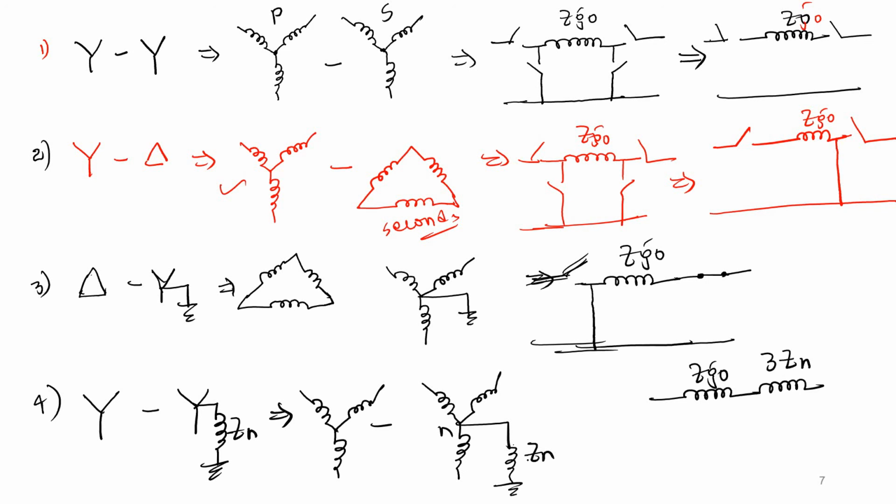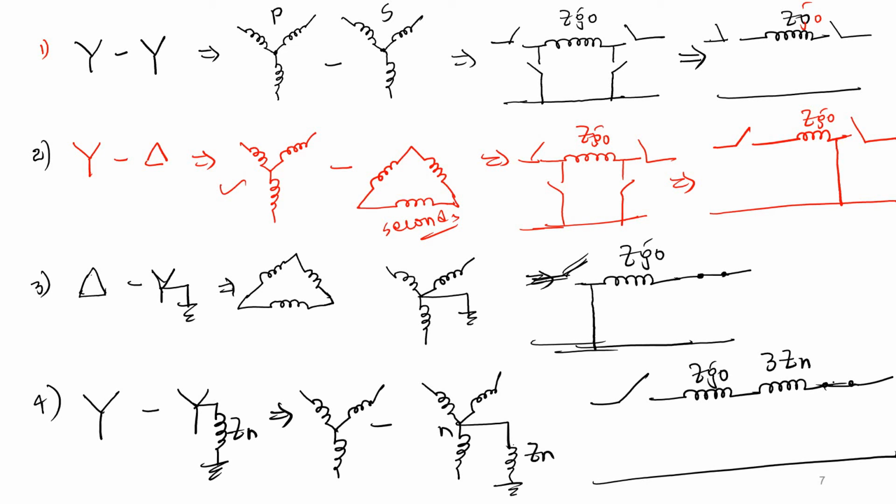With respect to the zero sequence current, we have an impedance of 3Zn, because the neutral current IN is equal to 3 times IA0, flowing through Z0. This side is a star ungrounded system, so the series switch will be left open. This side is a star grounded through a reactance, and the series switch will be closed because the neutral is grounded. The two shunt switches will be open.